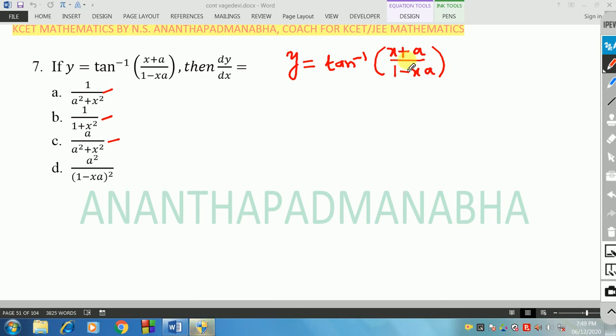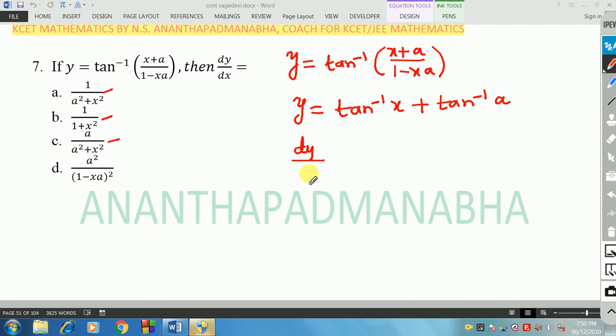So you can observe this is a trigonometric formula, tan inverse of (x plus y) by (1 minus xy). This is in the form of tan inverse of x plus tan inverse of y. So that is y is equal to tan inverse of x plus tan inverse of a. So now we can differentiate this.